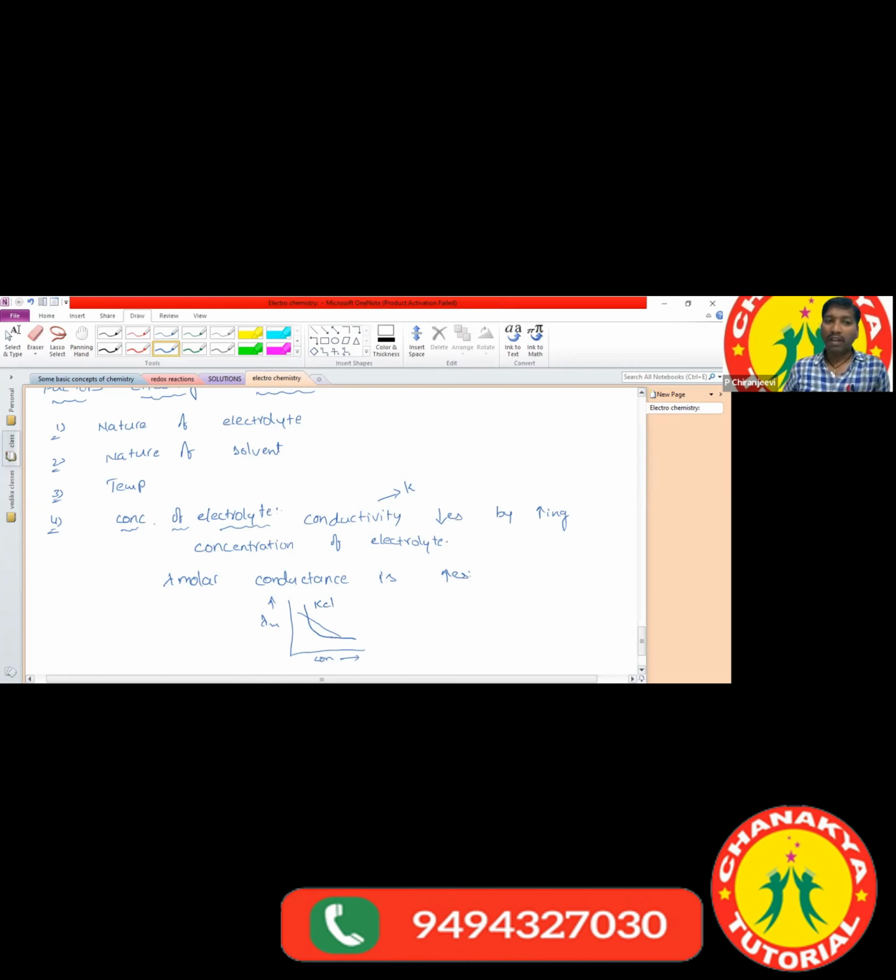Temperature is directly proportional to the conductance of electrolytes. The degree of dissociation increases, and if the degree of dissociation increases, their conductance also increases. So all these are the different factors affecting conductance.